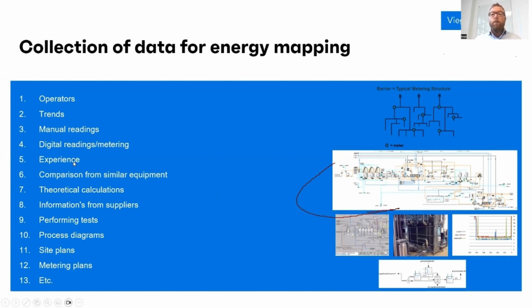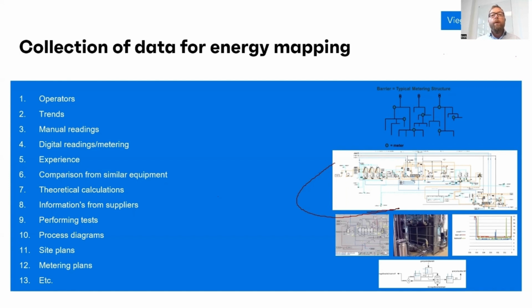There's also experience that you as a consultant can bring into the mapping when you are working on other sites. You have experience from similar processes, comparison with similar equipment. You could take a theoretical approach, information from suppliers of the equipment, performance tests, process diagrams, site plans, metering plans.